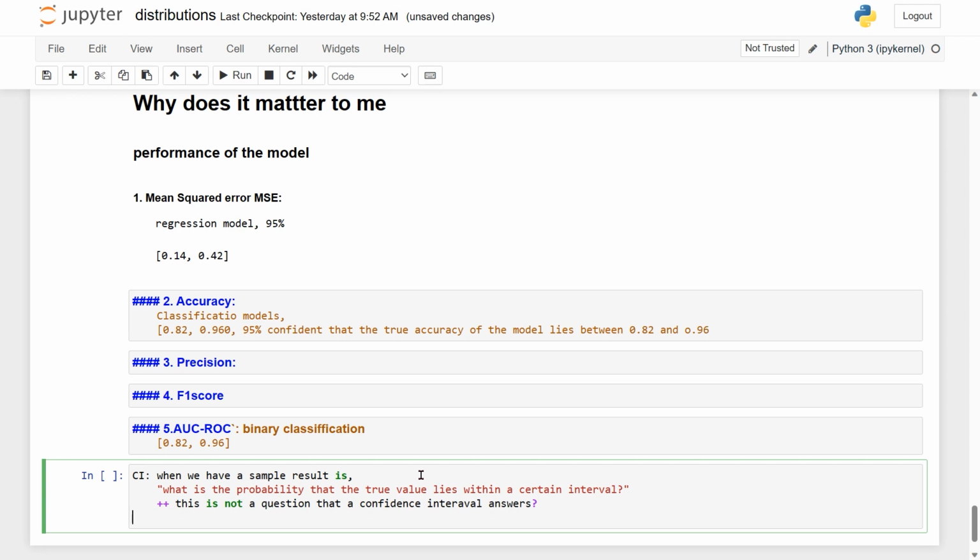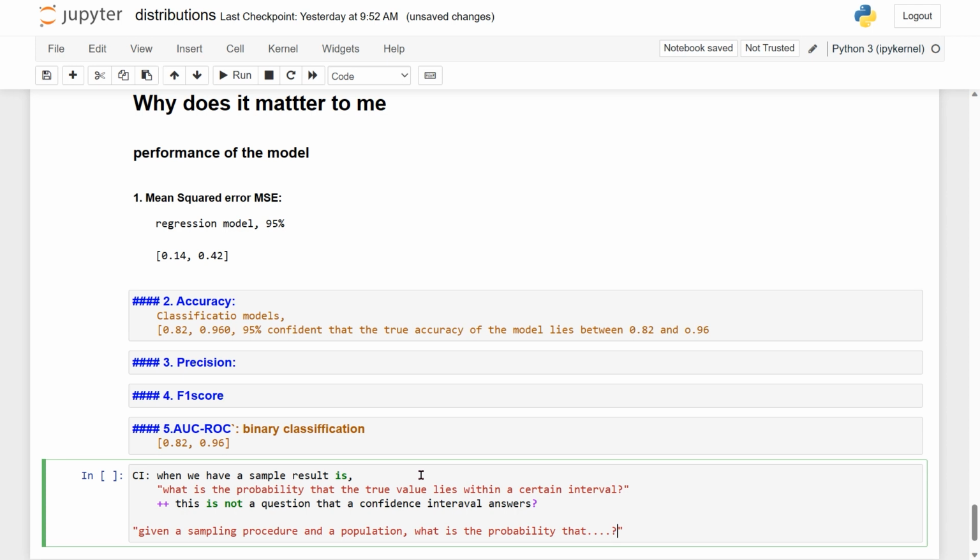So the probability question associated with a confidence interval starts out with the phrase: given a sampling procedure and a population, what is the probability that... and goes on.